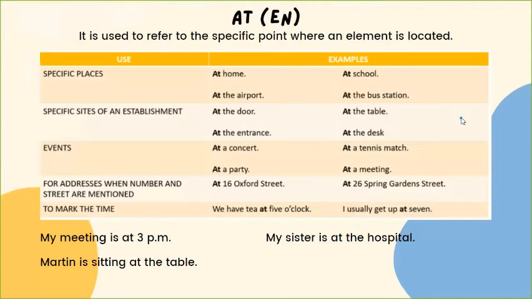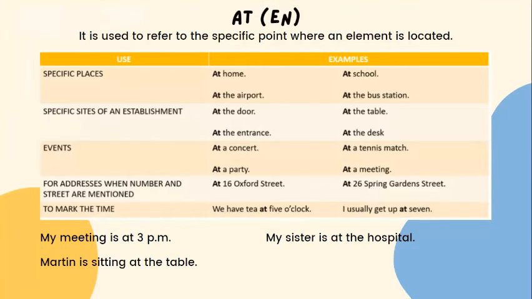The preposition at signifies en. It is used to refer to the specific point where an element is located. Use: a specific place, specific cities, events, for address, when a number and street are mentioned, to mark the time.